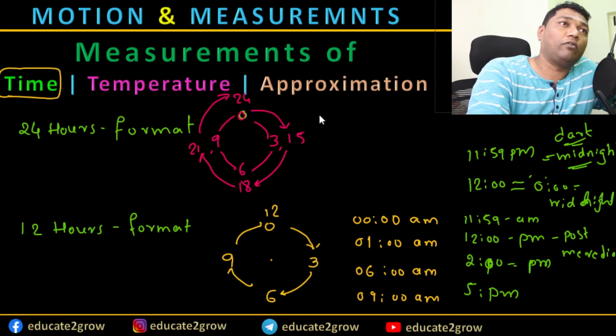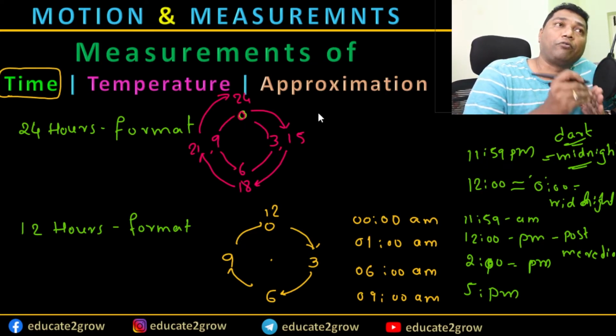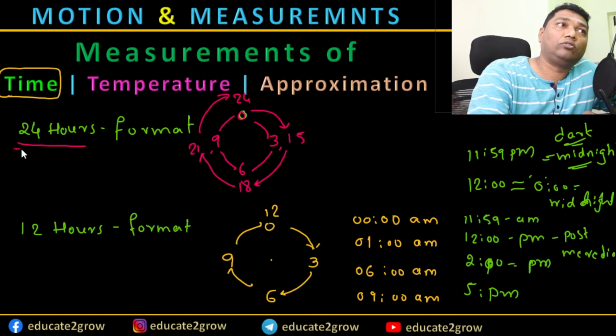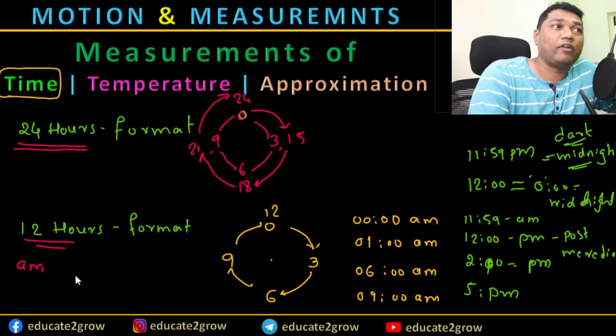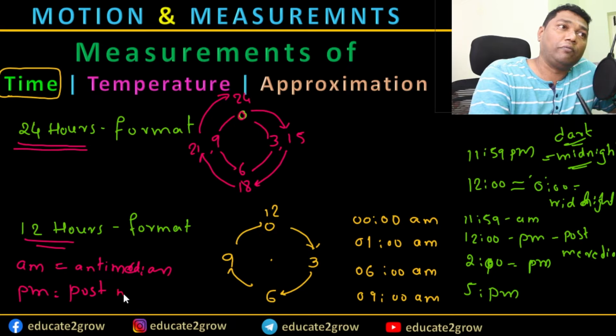What happens this time, however, we are going to call it the 24 hours format, and this is the 12 hours format. In the 12 hours format, we will segregate as AM, which is anti-meridian, and this is PM, which is called post meridian.